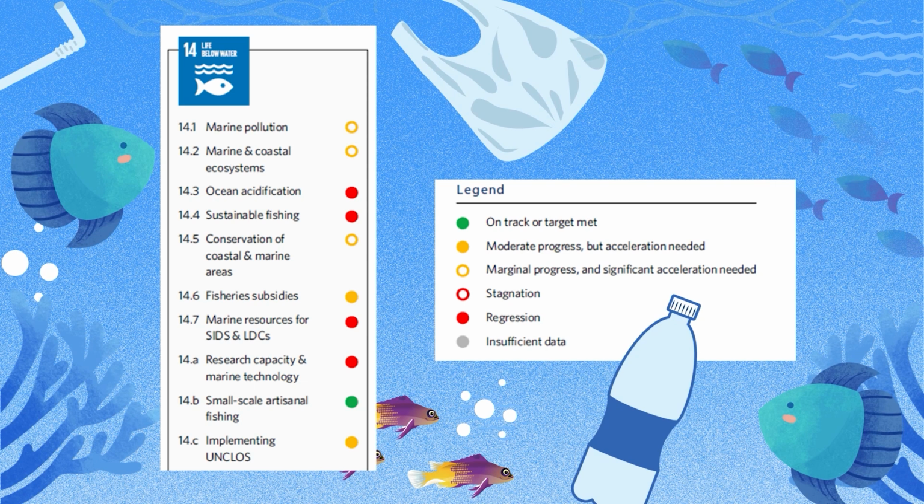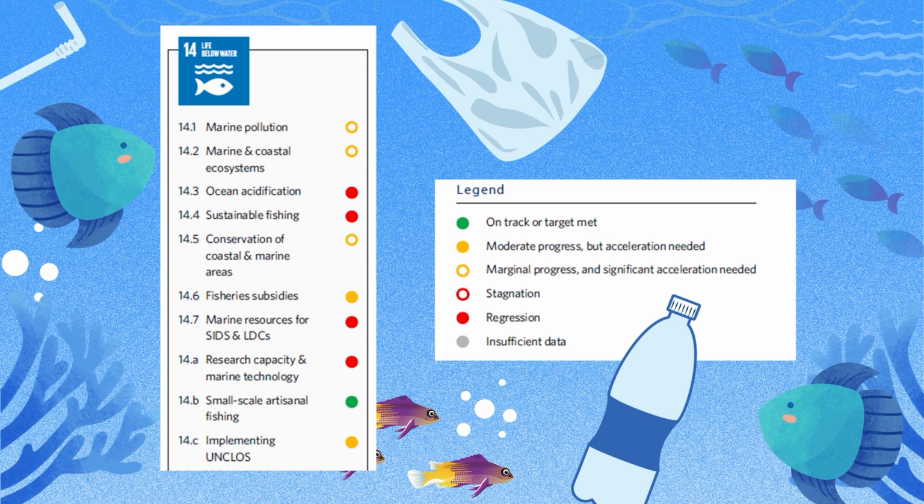When we talk about fisheries subsidies, unlawful subsidies given to the fisheries, which have direct impact on the degradation of fish ecology in the marine ecology, we are at least progressing at a moderate level. So when we talk about marine resource protection for small island developing states, and when we talk about research capacity of marine technology, it is also regressing.